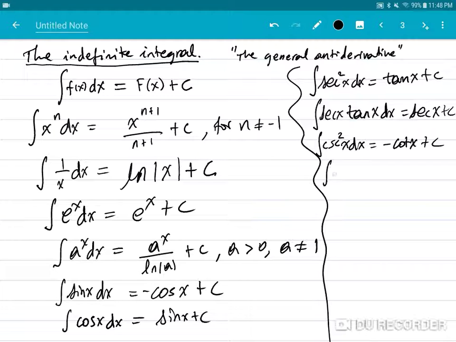The integral of cosec x cot x dx is minus cosec x plus C.